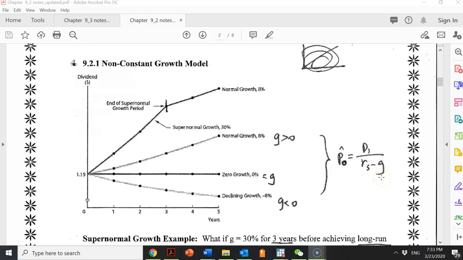It is also the capital gains yield. So Rs minus G is the dividend yield, which equals D1 over P0. We can also get Rs from CAPM or from this model. We can also get G from the other three variables from this model. Okay, these are what we learned last class.